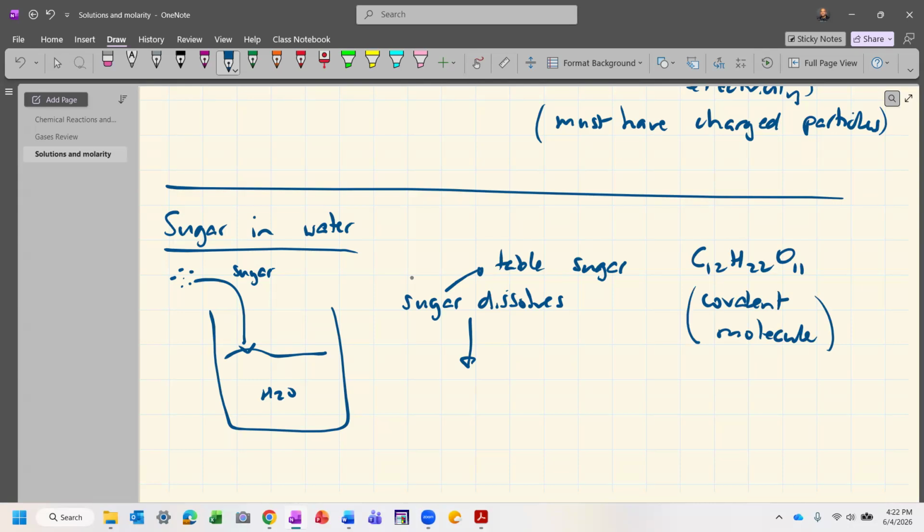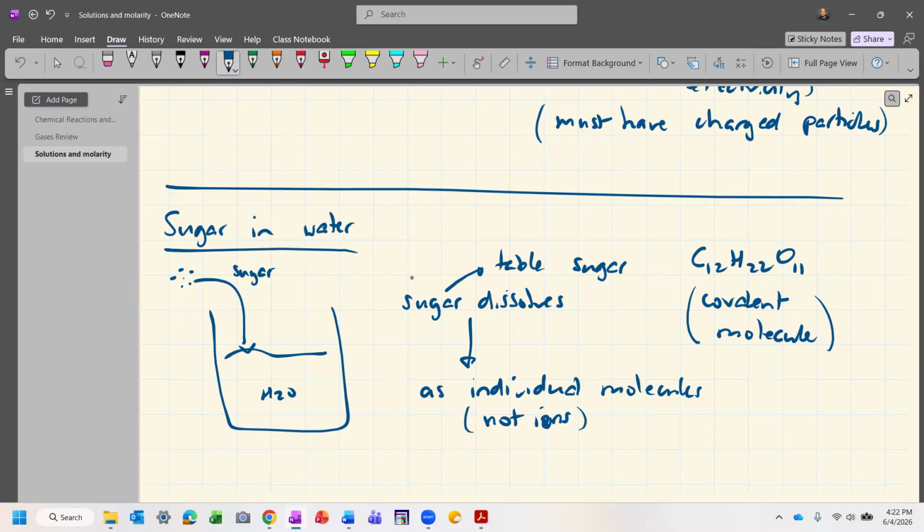When you add it to water and you stir it up, it dissolves as individual molecules. So even though you have 34, 45 atoms in this molecule, it is still incredibly tiny. It doesn't break apart into ions. So no ions.